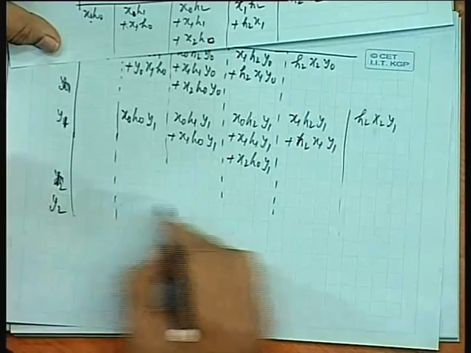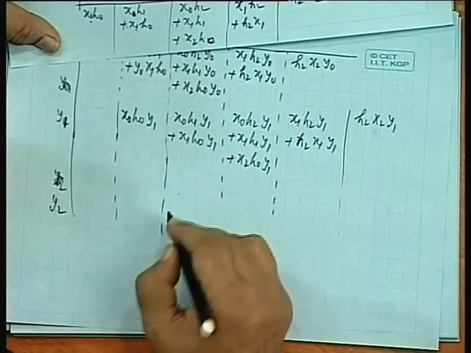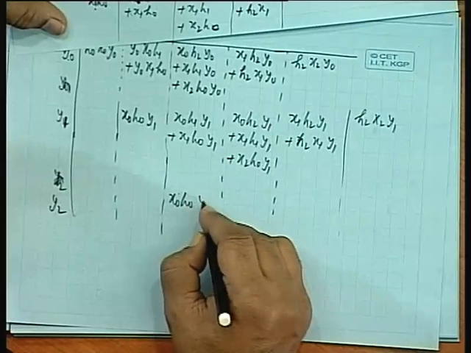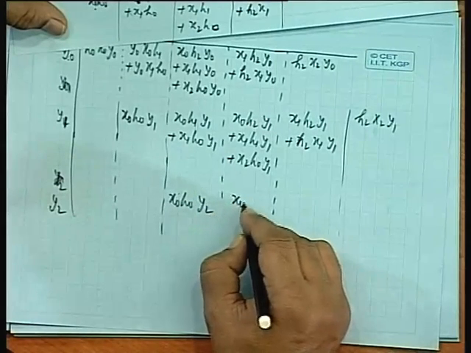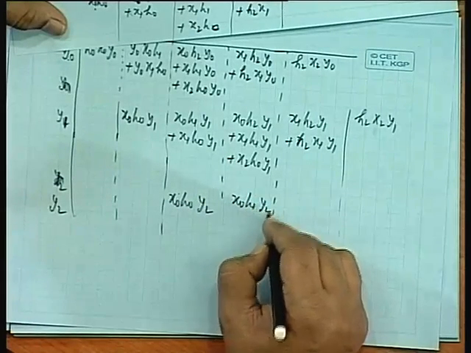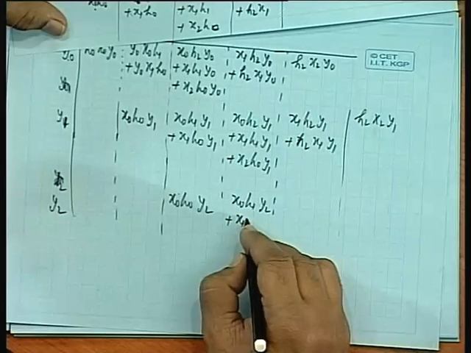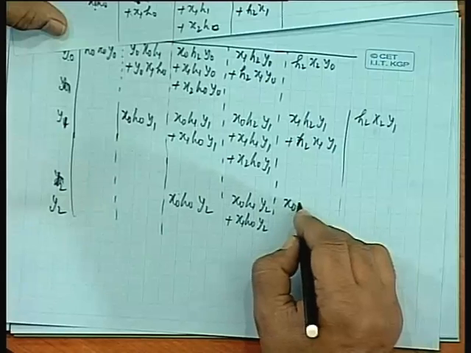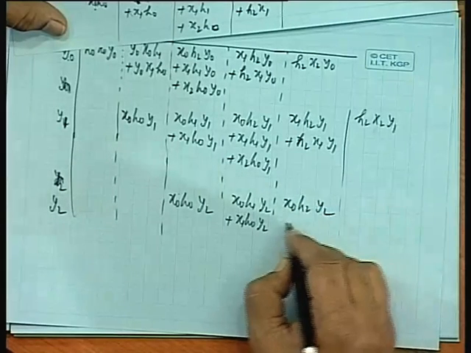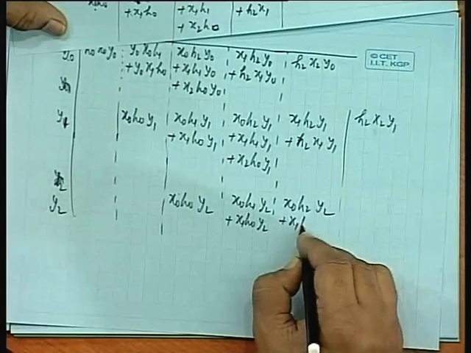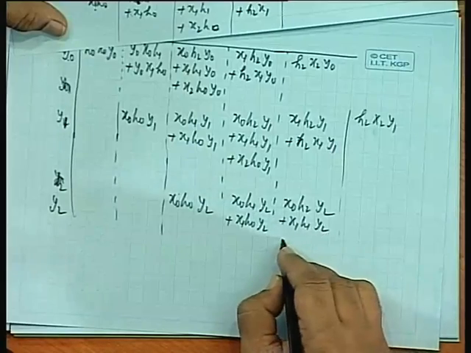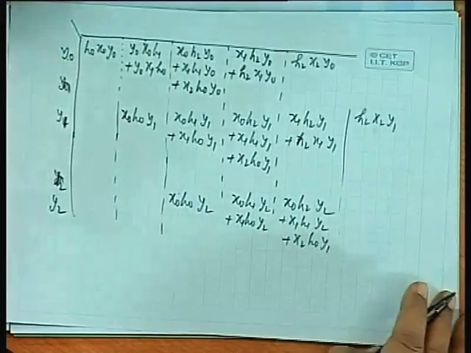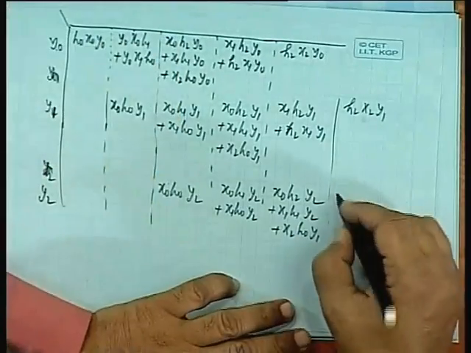y2, it will start from here, it will be x0 h0 y2, x0 h1 y2 plus x1 h0 y2, then x0 h2 y2 plus x1 h1 y2 plus x2 h0 y2, sorry y2.